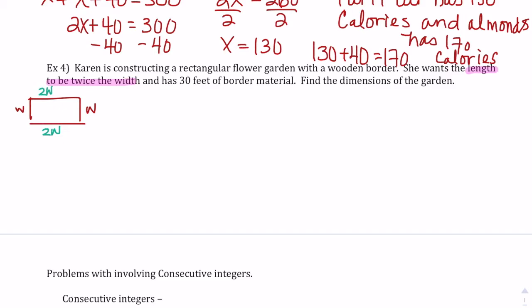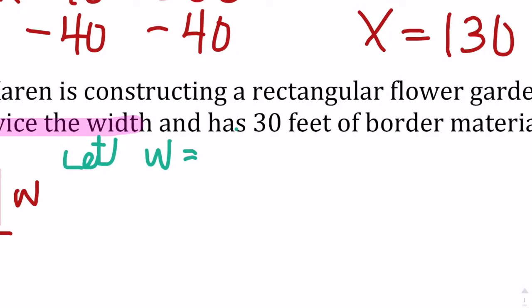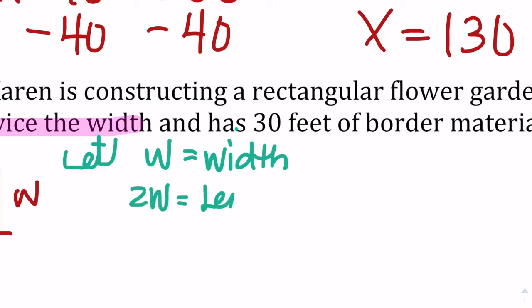So your let statement should be: let W equal the width, and 2W is equal to the length.